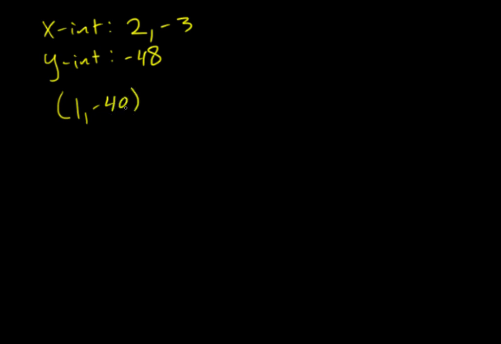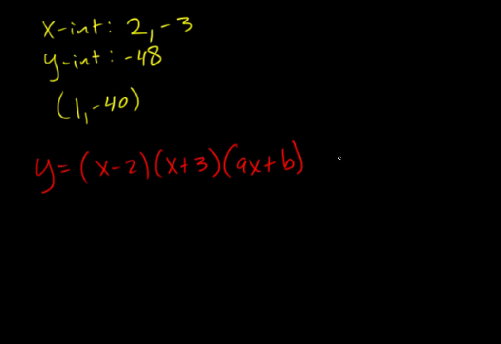Okay, so let's write down what we know. So we know that we have an x minus 2, we have an x plus 3, and then we have some other linear factor. So we're just going to say ax plus b, something like that.